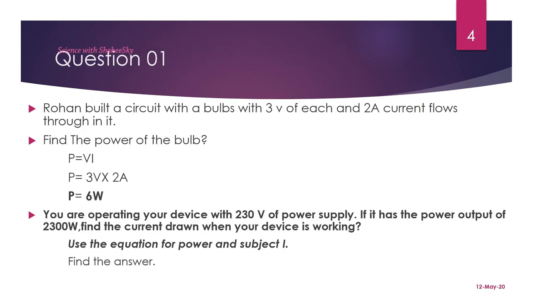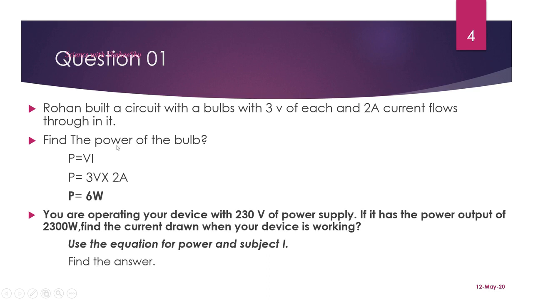Now we'll go through a question. How can we apply this equation to calculate the power? See the first question. Rohan built a circuit with a bulb of 3 volt, and 2 ampere current flows through it. Find the power of the bulb. This is the format of the question to find the power. So, as you know, you have to use this equation: P is equal to VI.